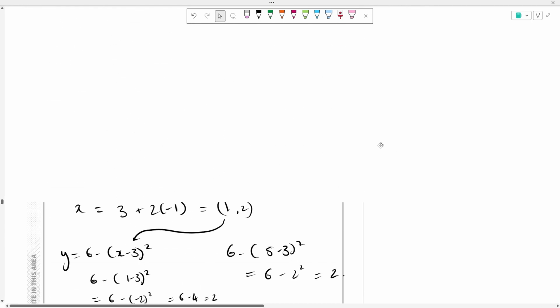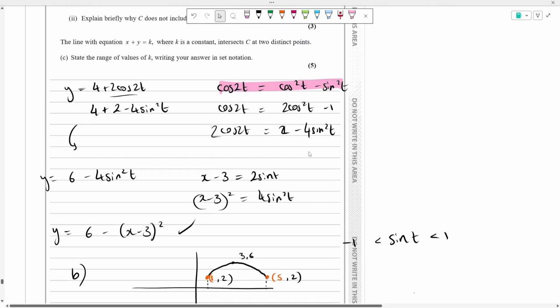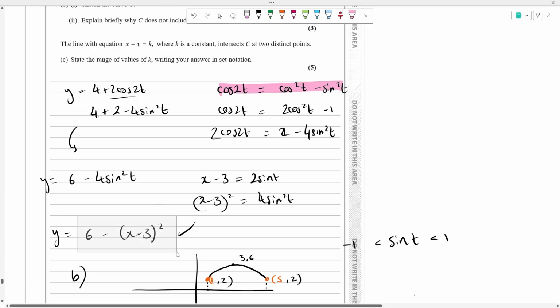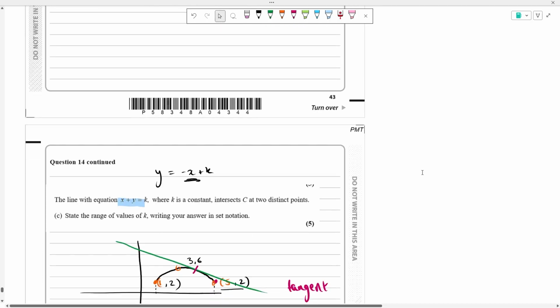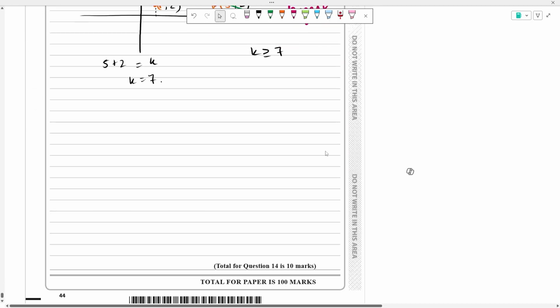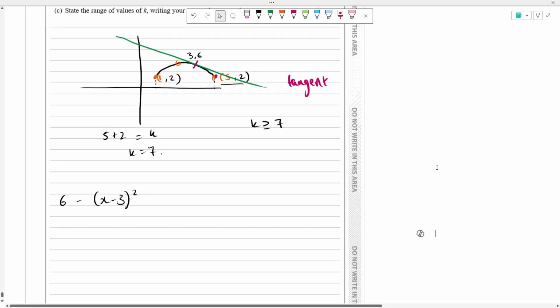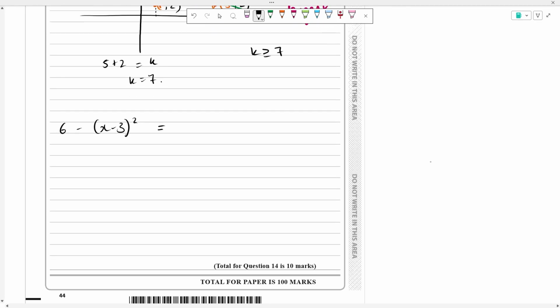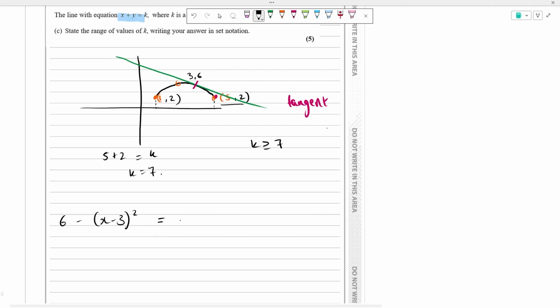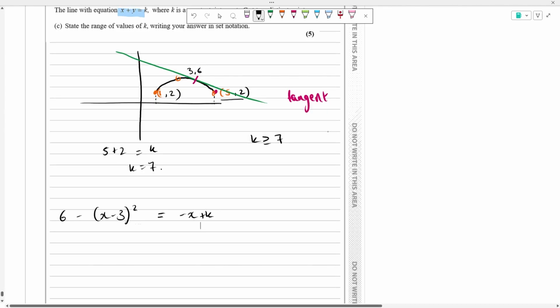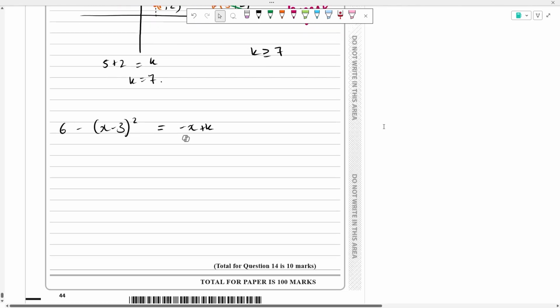So our equation, if I go back up, was 6 minus (x minus 3) all squared. I'm going to bring this down here, and I'm going to equate this to minus x plus k. And I'm going to expand out. So this gives me 6 minus (x squared minus 6x plus 9) is equal to minus x plus k. 6 minus x squared plus 6x minus 9 is equal to minus x plus k.